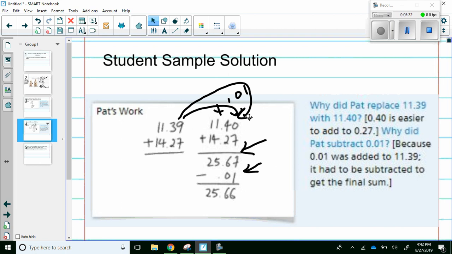After he had 11 and 40/100ths plus 14 and 27/100ths, he added those together, and then once he got the answer, he knew he had to go back and take away the 1/100th he added at the beginning to get the final answer of 25 and 66/100ths.